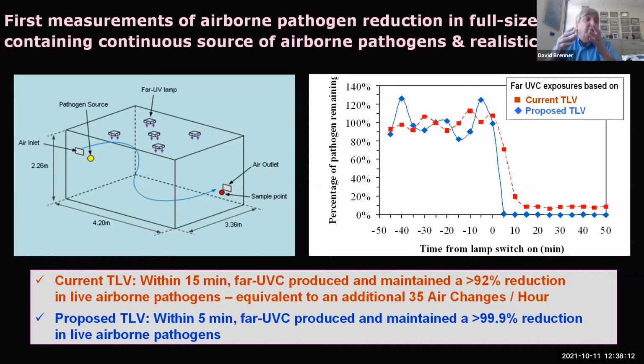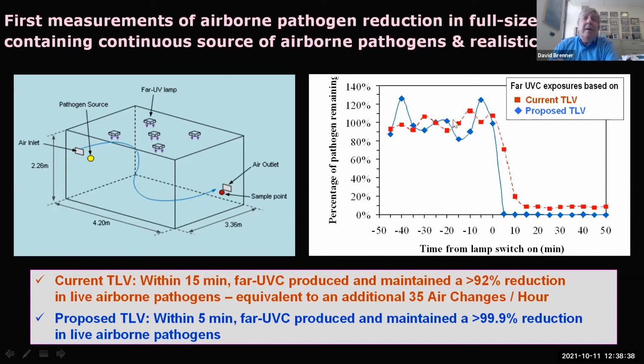We turn on the system, let the pathogens into the room, and let it equilibrate. That's the flat area you see on the top right, before the lamps are turned on. Then we turn the lamps on, and we continue to flood the room with the same level of pathogens.